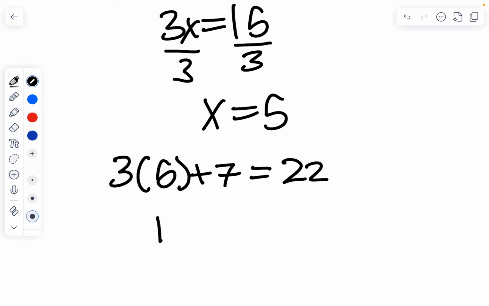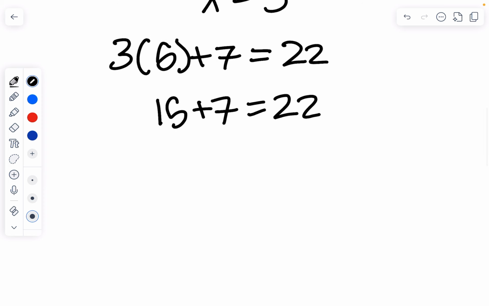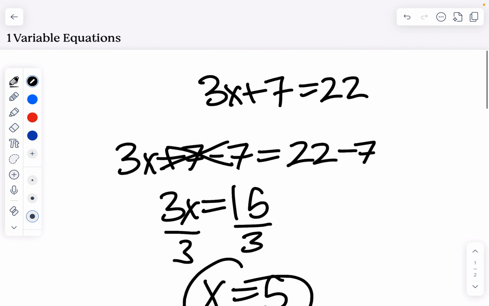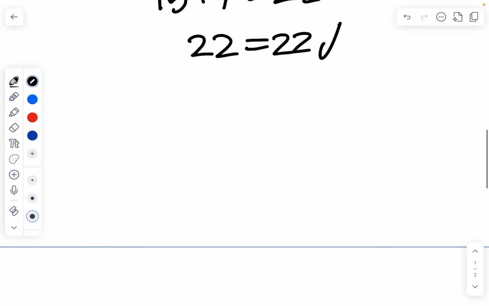So that is 15 plus 7 is equal to 22. So 22 is equal to 22. So that checks out. That means that x equals 5 is an answer to our equation above, 3x plus 7 equals 22.